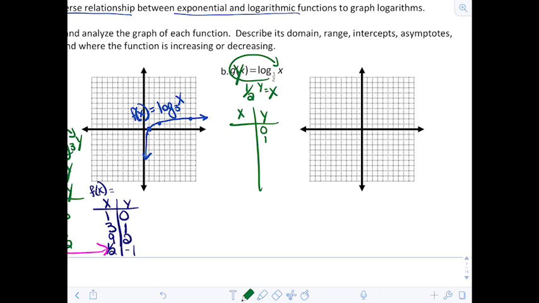So 0, 1, 2, negative 1, and negative 2. So let's look at how this is affecting it. 1/2 to the 0 is 1. 1/2 to the first is 1/2. 1/2 squared is going to be 1/4. 1/2 to the negative 1 is going to be 2. That negative exponent flips the fraction. And 1/2 to the negative 2 will be like 2 squared, and that's 4.